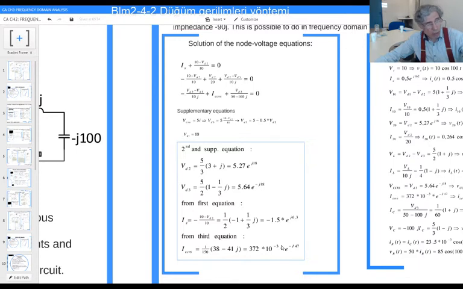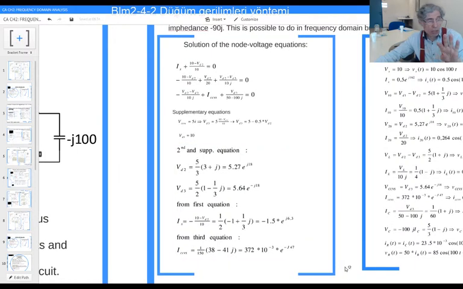Of these 5 unknowns, 3 of them are node voltages. The other 2 are the new unknowns that we introduced. For these new unknowns, we wrote the supplementary equation, but in the end we have found all these new unknowns as well.